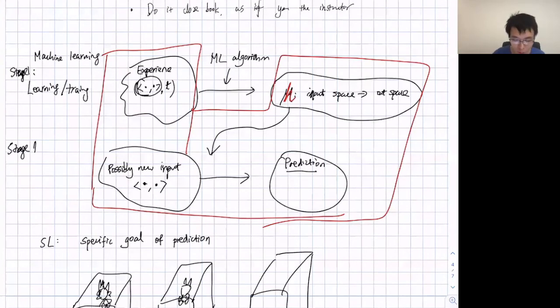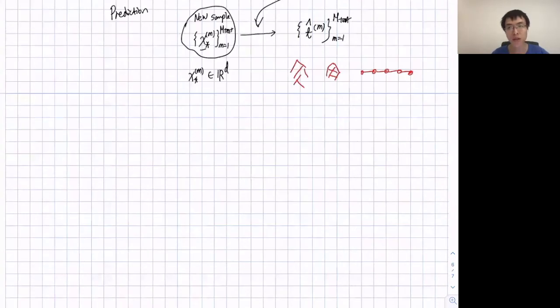What is still mysterious is the machine learning algorithm. What happens here, and why is it even possible to choose a function that works for the task? So our next goal is to formulate a machine learning system, especially in the setting of supervised learning, or maybe regression.